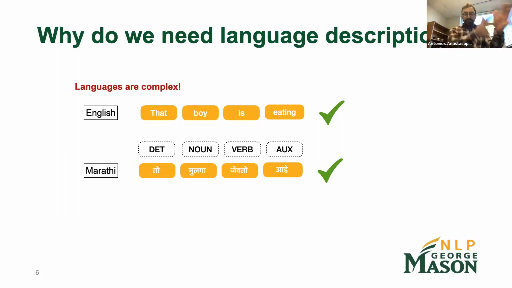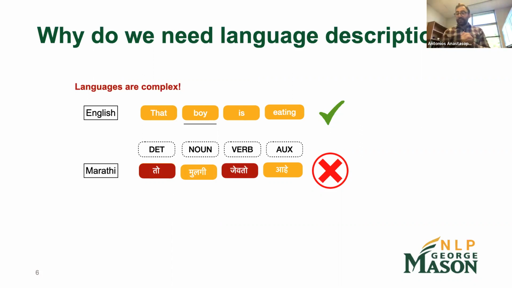And then there's the determiner to and the noun mulga, that really just means, basically, if I were to gloss this sentence, you would read that boy eating is.